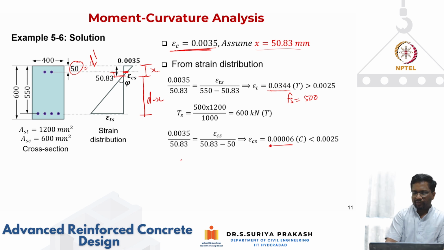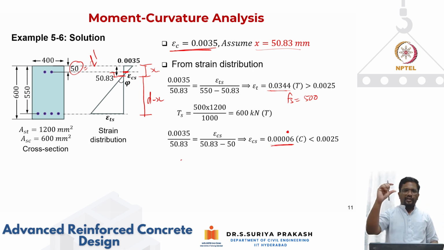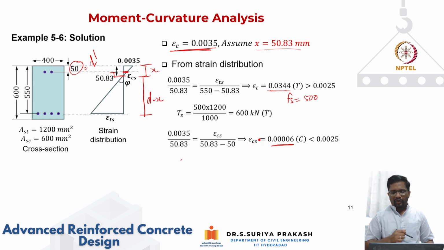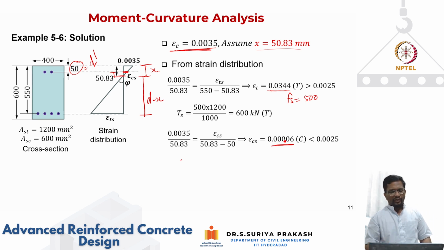That strain is very small because the section is heavily under reinforced. Your neutral axis depth is very small at ultimate, 50.8, and effective cover is also 50. That is the reason your strain in the compression steel is a very low value of 0.00006. It's almost negligible, but it is giving me slight strain in compression, so that is going to help.